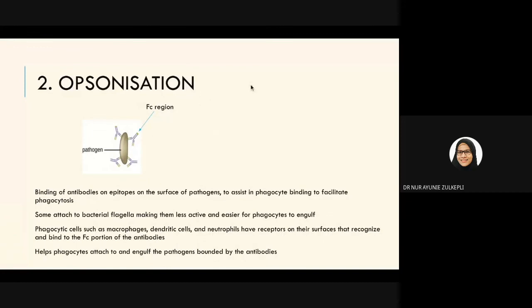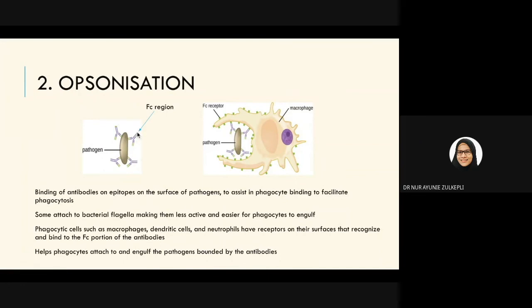For example, the macrophage here will recognize the Fc regions of the antibodies, and upon recognition, we facilitate the macrophage to initiate the phagocytosis. Okay, that is opsonization, coating of the antibody on the surface of the pathogens.